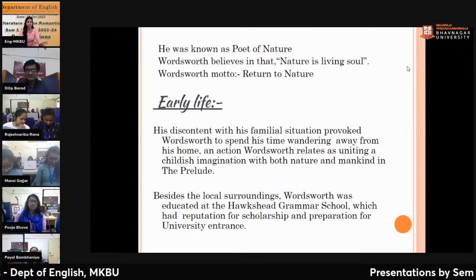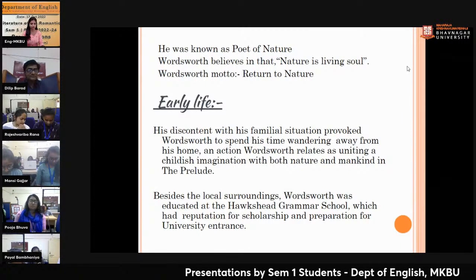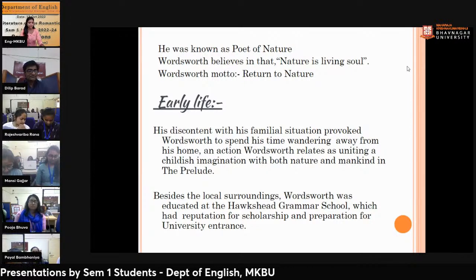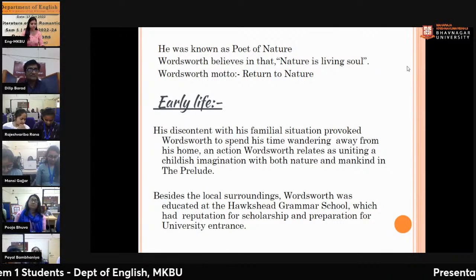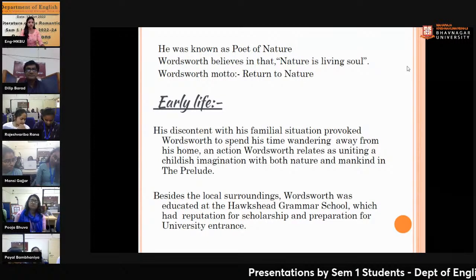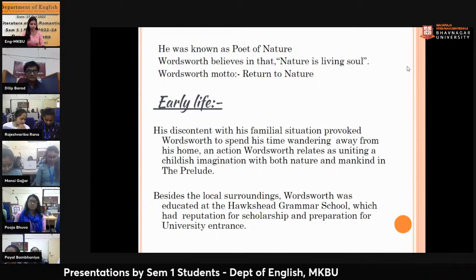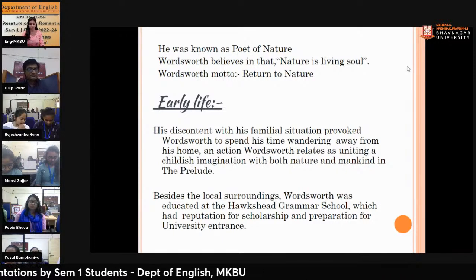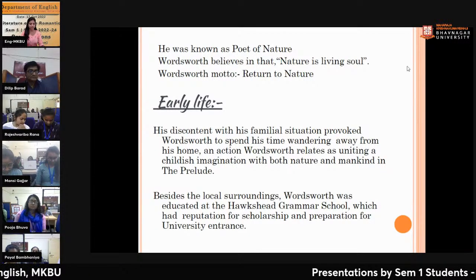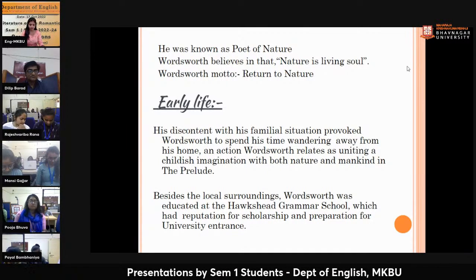He was known as a poet of nature. Wordsworth believed that nature is a living soul. Wordsworth's motto is return to nature. His early life: his discontent with his familial situation provoked Wordsworth to spend his time wandering away from his home, an action Wordsworth relates as uniting a childish imagination with both nature and mankind in The Prelude.